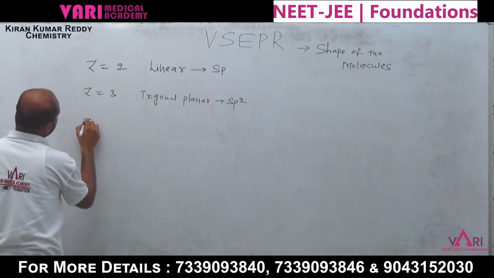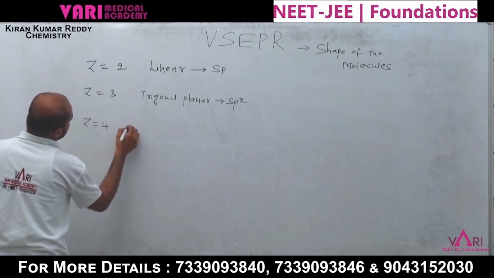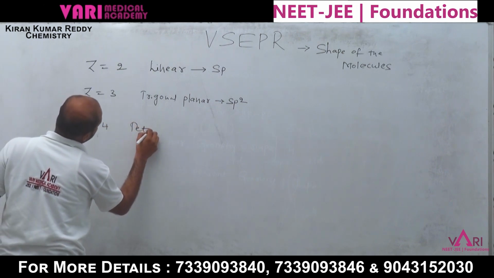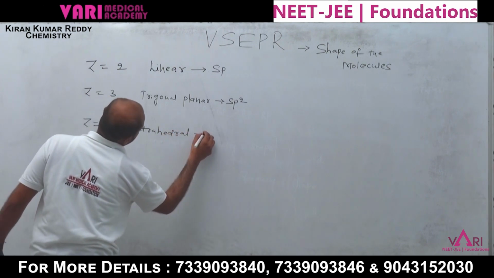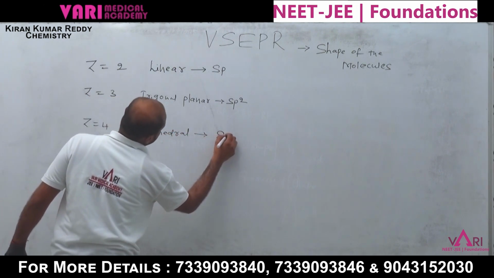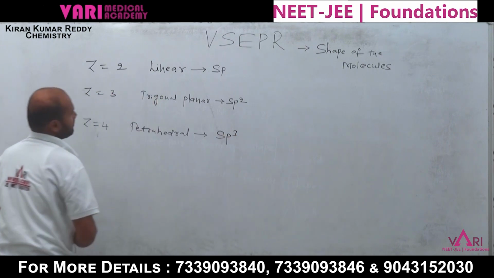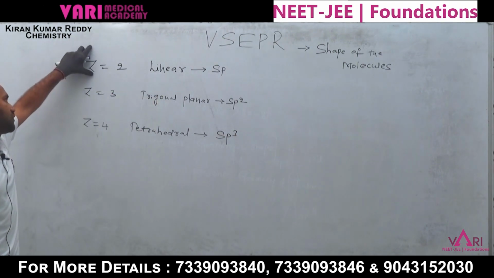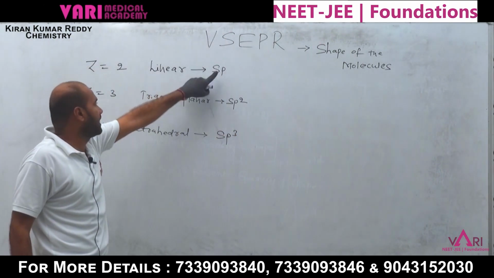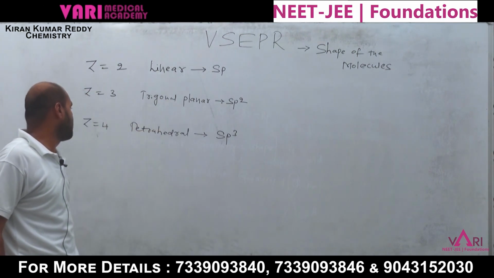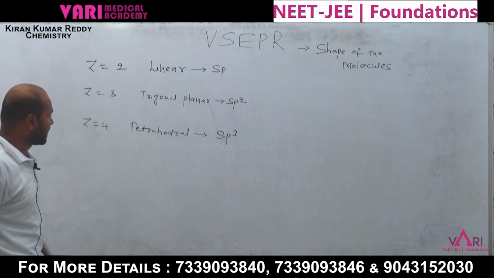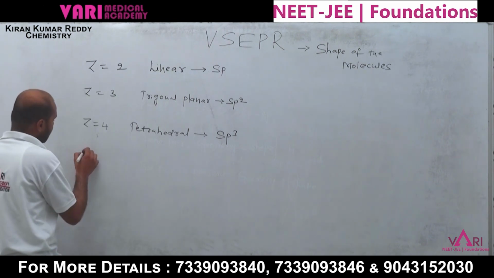Next, Z is equal to 4, that is tetrahedral geometry, sp3 hybridization. So Z is equal to 2 means linear, sp; Z is equal to 3 trigonal planar, sp2; Z is equal to 4 tetrahedral, sp3 hybridization.